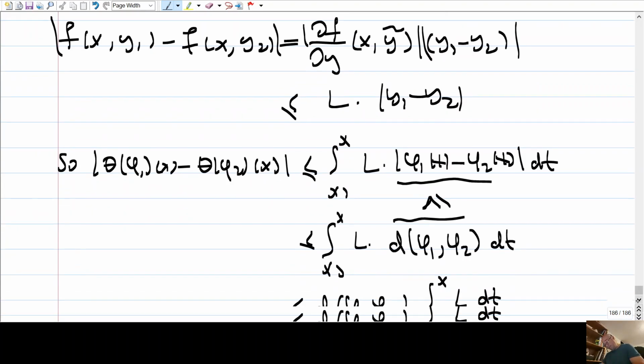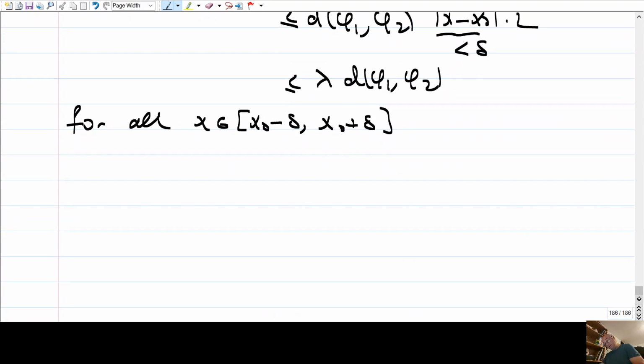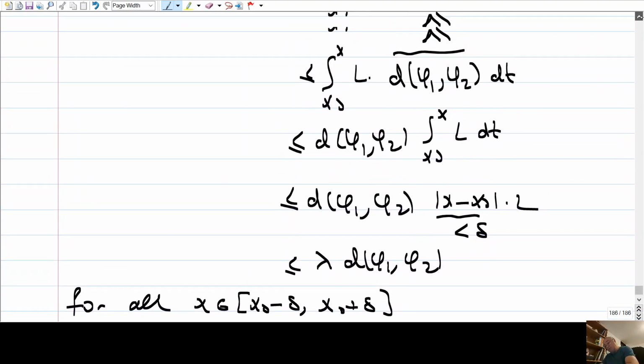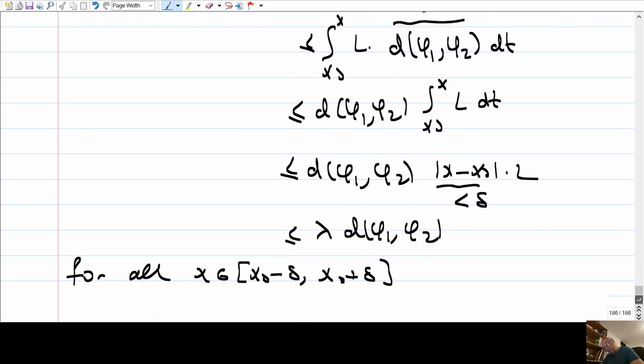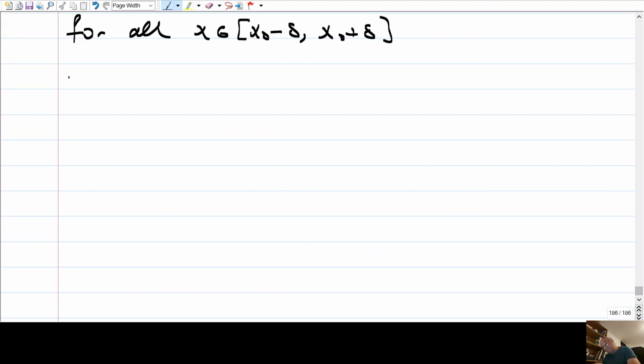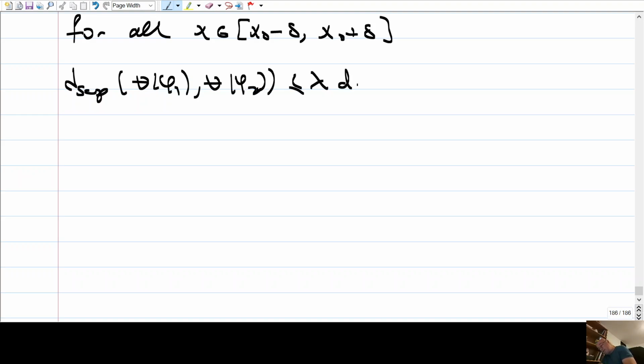For all x. So if I take the supremum of these numbers, I get what? The distance d of theta phi1, theta phi2 is less than lambda times d of phi1, phi2.